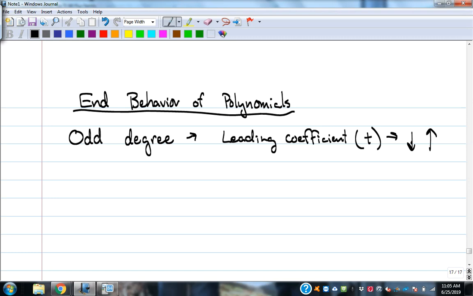Okay. If the leading coefficient is positive. If the leading coefficient is negative, it's the opposite. Left side up, right side down.